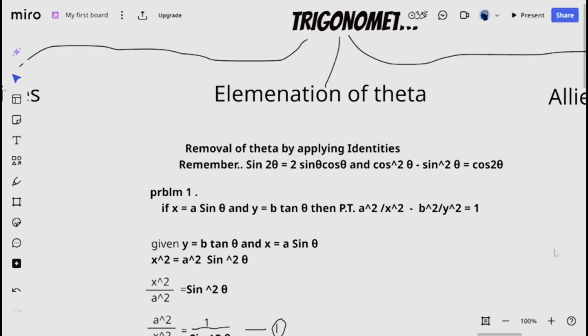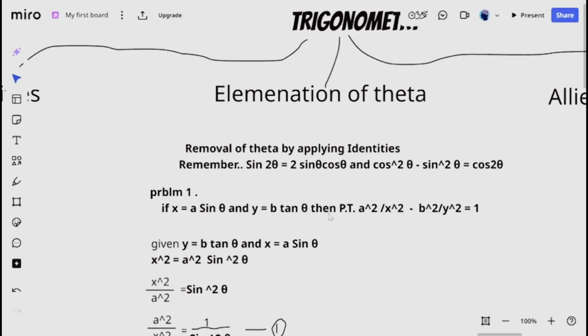We remove this theta by applying some identities, like we just learned a few minutes ago, didn't we? Sine square theta plus cos square theta equals 1, secant square theta minus tan square theta is equal to 1, and cosec square theta minus cot square theta is equal to 1. The 3 formulas which we learned before.